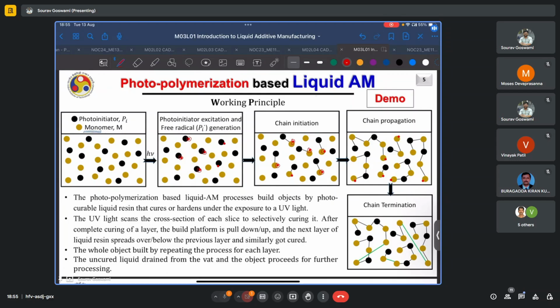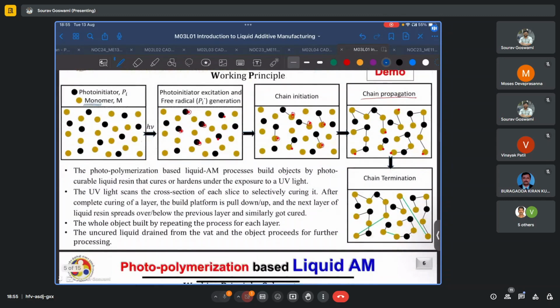That is, the monomer passes this free radical onto the next monomer, and from there it continues moving forward in a sort of chain reaction, as is shown here. This step is called chain propagation. And once no more free radicals are left in a region, we have chain termination. Here we see a few complete chains, similar to this.